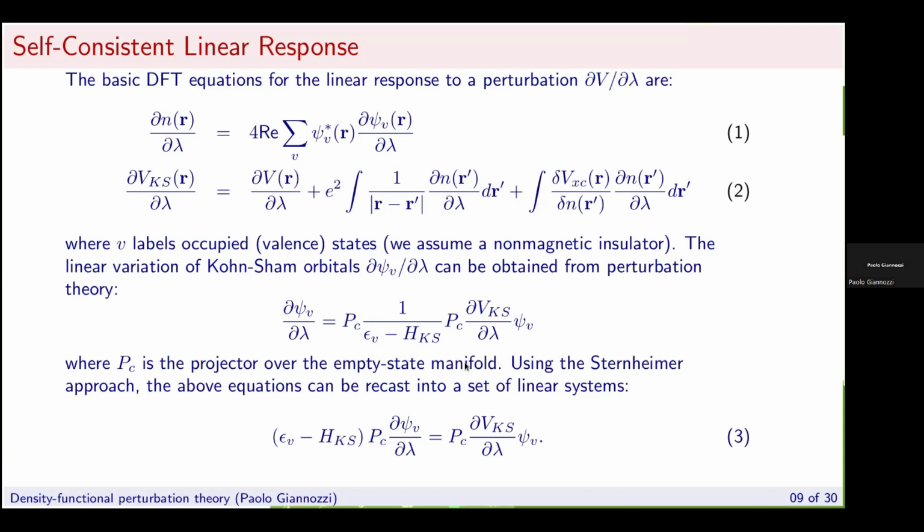Perturbation theory typically includes a sum over unoccupied virtual states, but the sum over unoccupied virtual states can be rewritten in the form of a Green function, 1 over epsilon v minus the Hamiltonian, acting on the perturbing potential, which is the screened potential, the derivative of the Kohn-Sham potential with respect to lambda, times the Kohn-Sham orbital. The sum is over conduction states only, so this is why there are these projectors over the empty state manifold.